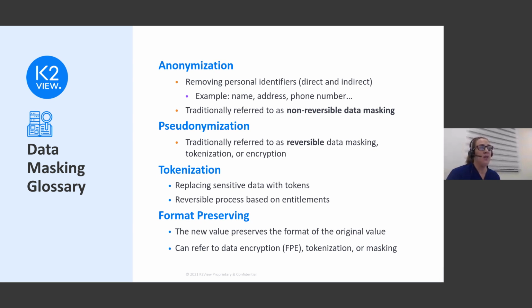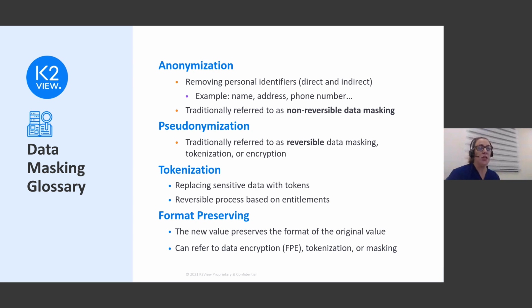On the other hand, pseudonymization traditionally refers to reversible data masking, tokenization, or encryption, where on one hand, the personal information is still kept and cannot be viewed or seen by unauthorized users, but in some cases where there is a need, this is reversible and the real data can be shown to authorized users.